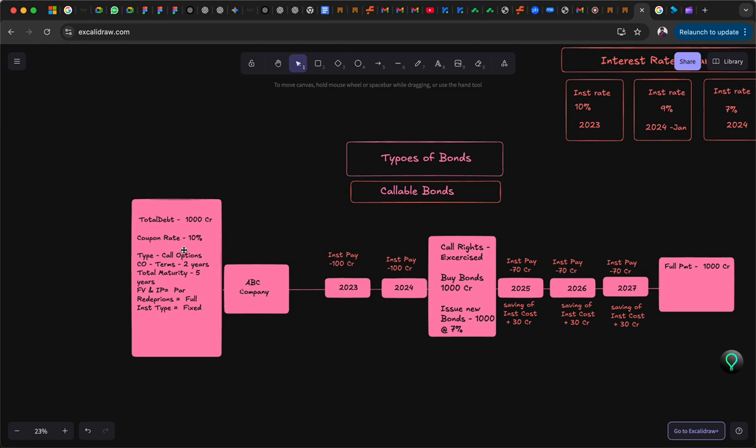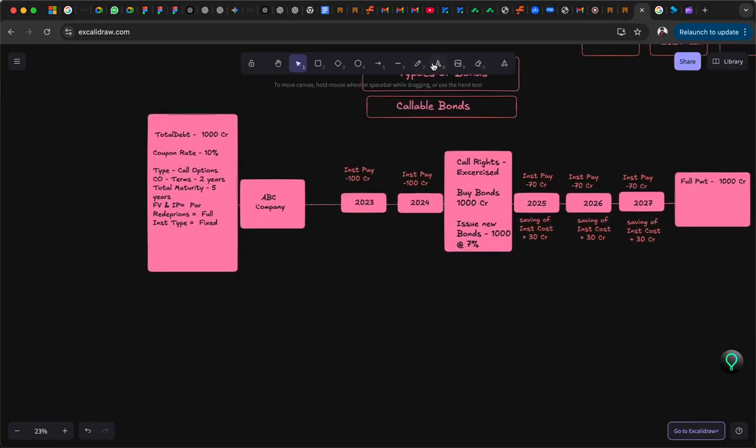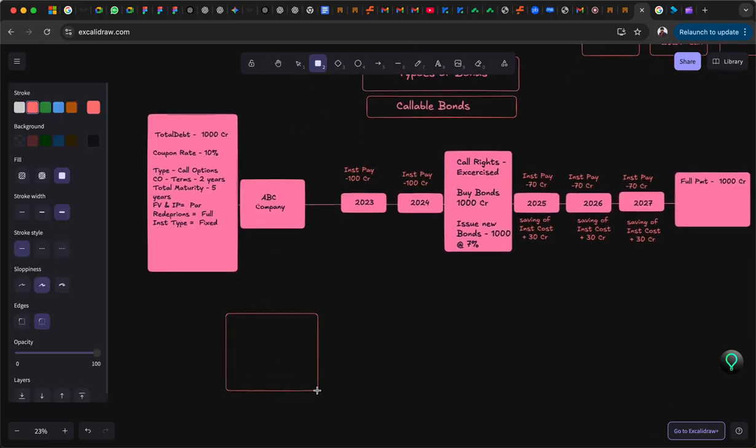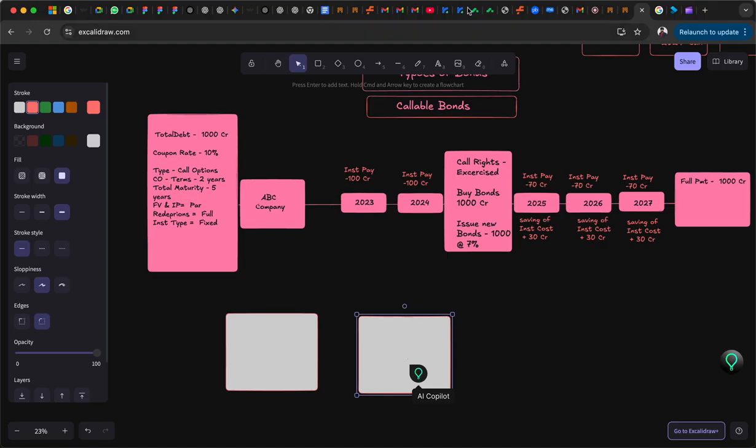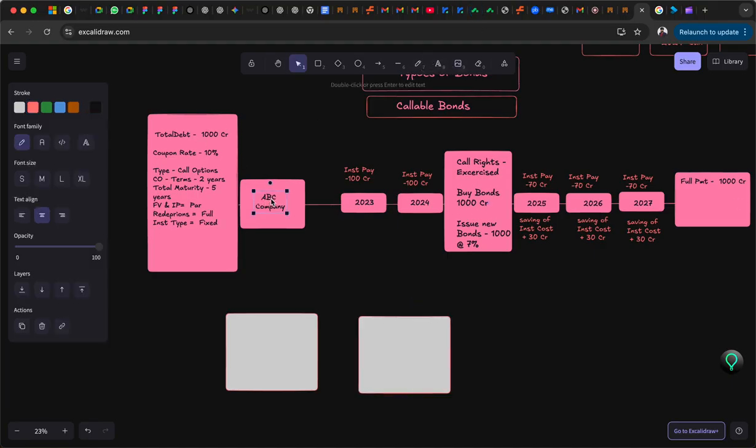If the investor has other options like this, for example, there are two companies. One is ABC company, another one is XYZ company.